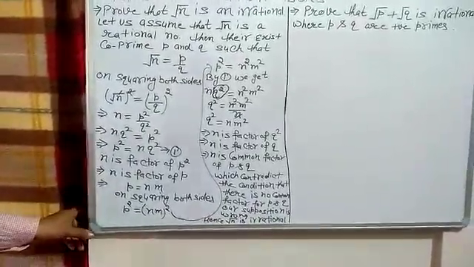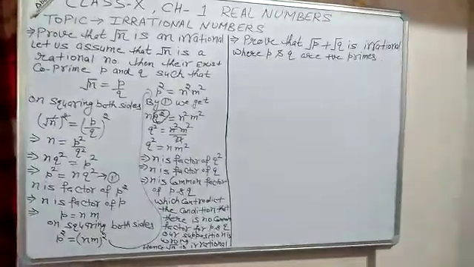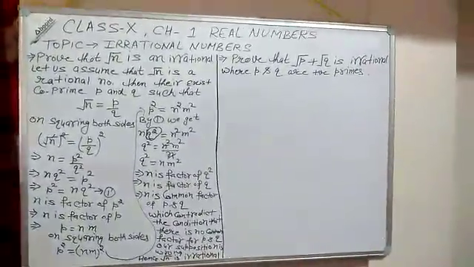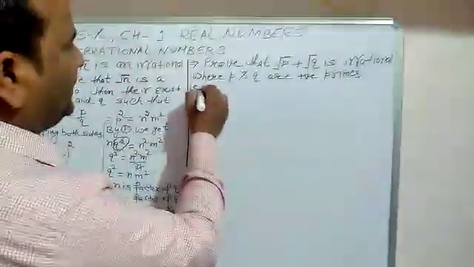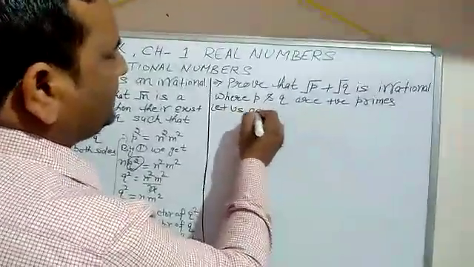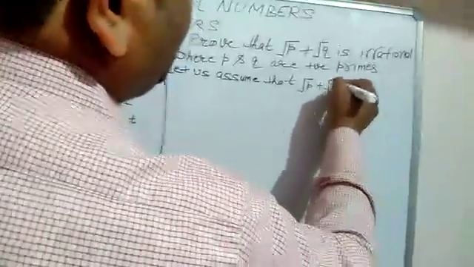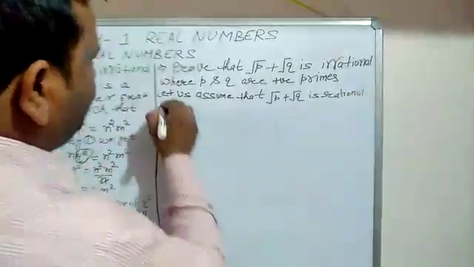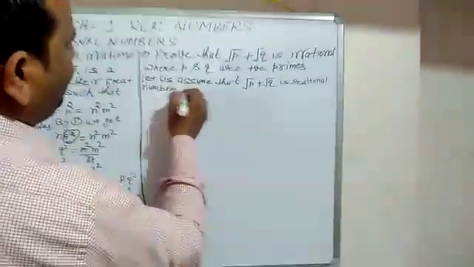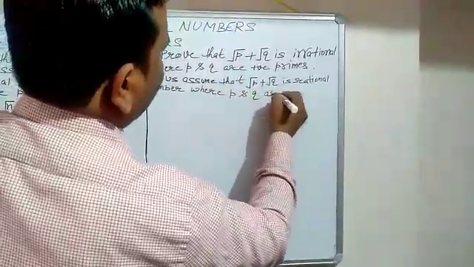How we prove root n is an irrational number. So our next is we have to prove root p plus root q is also an irrational number. Let us start. Let us assume, otherwise suppose, that is your choice. Let us assume that root p plus root q is a rational number, where p and q are primes.